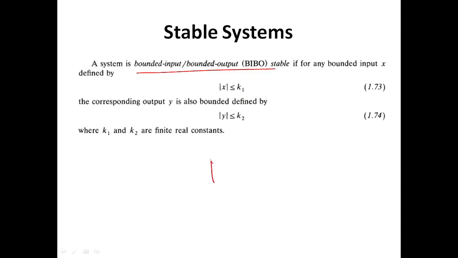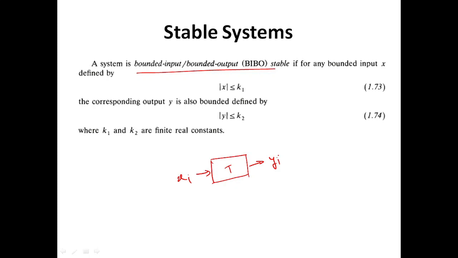You have an amplifier which you have designed. You give an input xi, you get yi. If you give a finite input, you will be getting a finite output. If that is the case, that means the system you have developed is a stable system.